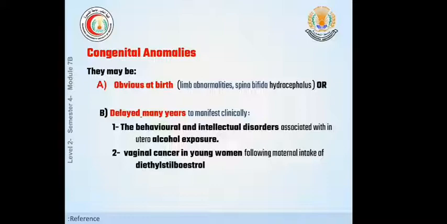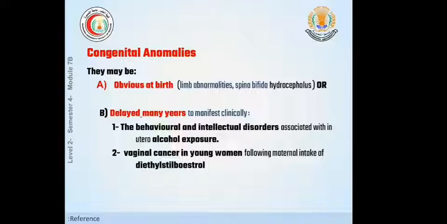This occurs in children whose mothers took alcohol during pregnancy. Mothers drinking alcohol during pregnancy will lead to behavioral and intellectual disorders in their children. Also, mothers taking diethylstilbestrol during pregnancy may have a daughter with vaginal cancer many years after birth.